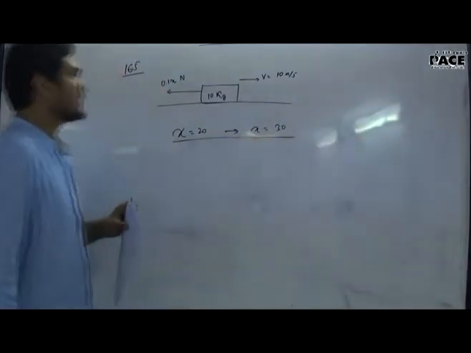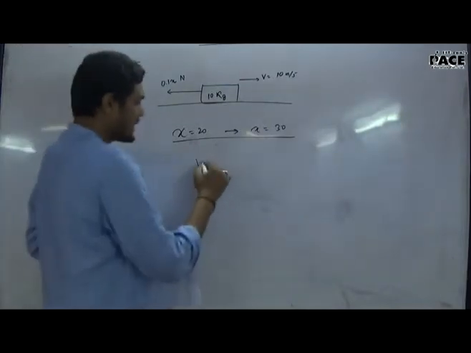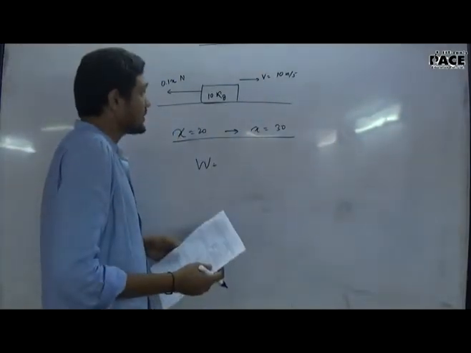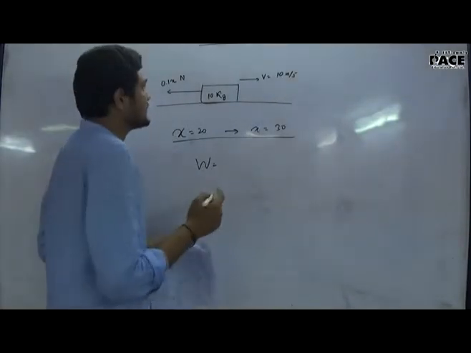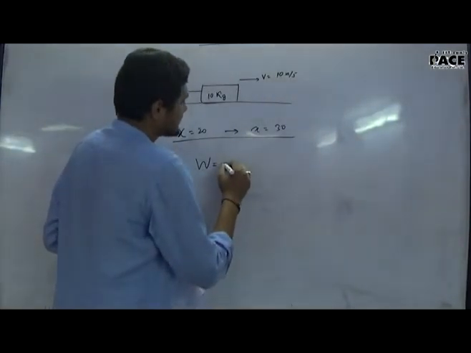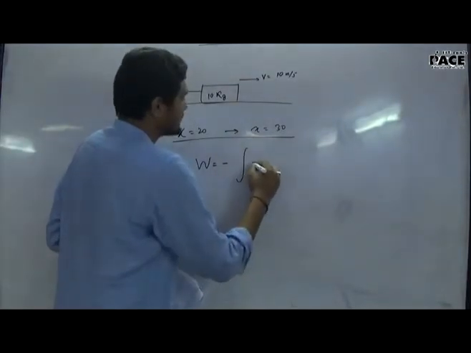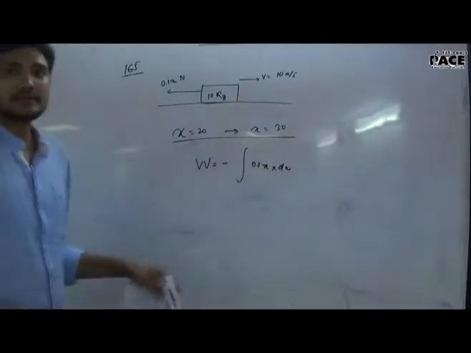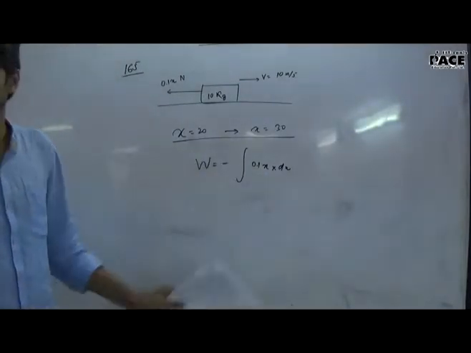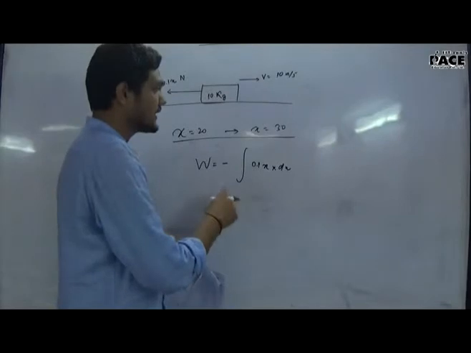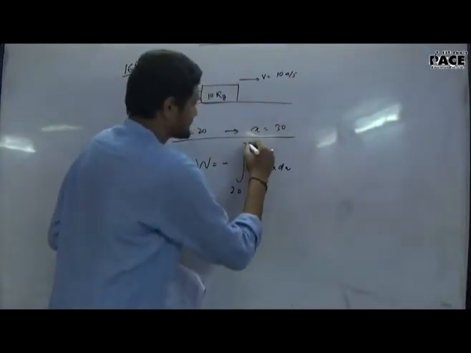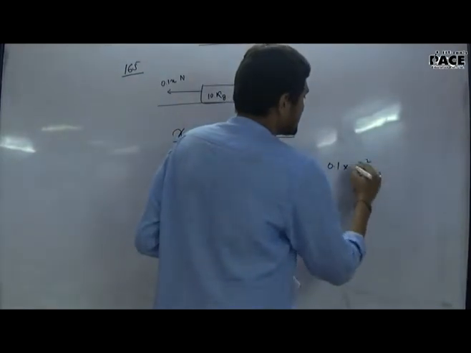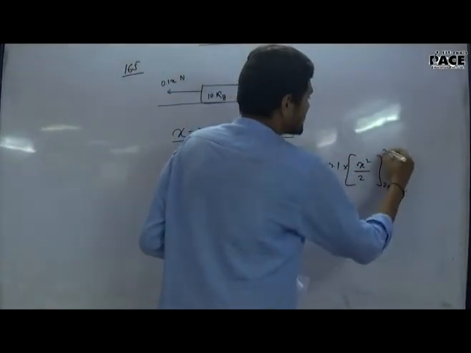Okay. So first we'll find the work done by this force, and since it is a retarding force, the work done is always negative. So work done will be minus the integral of 0.1x dx, where work done equals F dot dx and x changes from 20 to 30. That is equal to minus 0.1 into x squared by 2 with the limits 20 to 30.